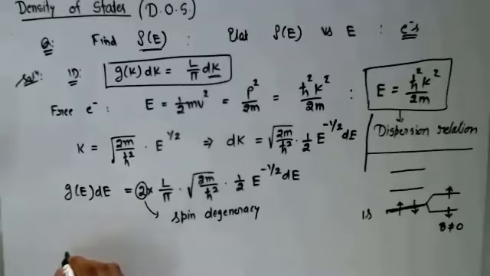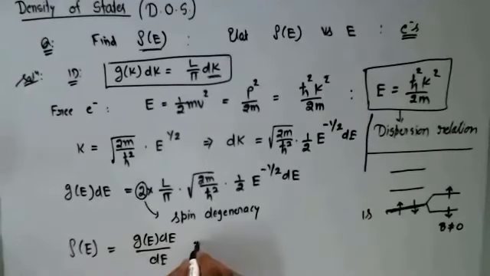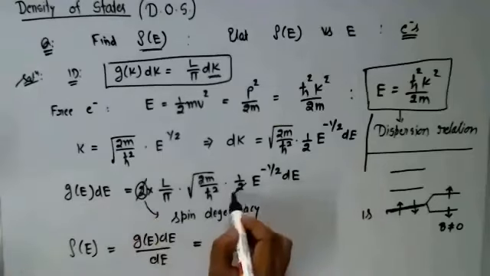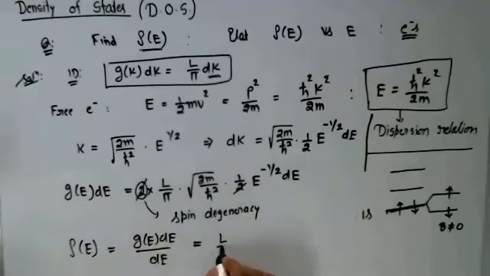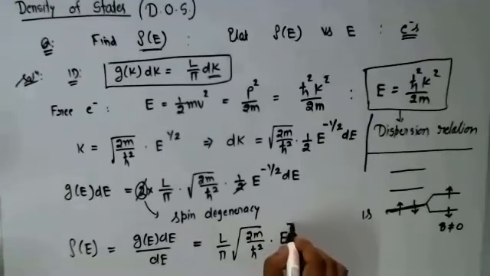So similarly now I can plot this, I can find rho(E). How will you write rho(E)? Number of quantum states divided by dE. What will come? Remove the dE, and the factor 2 cancels with this 2. This becomes L upon pi times 2m upon h cut square into E power minus half.